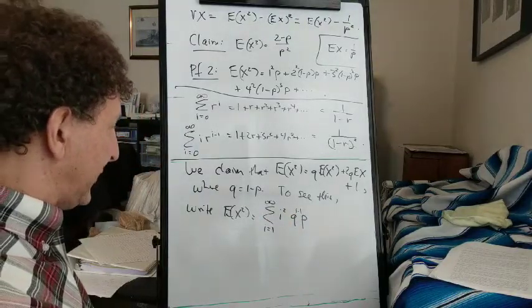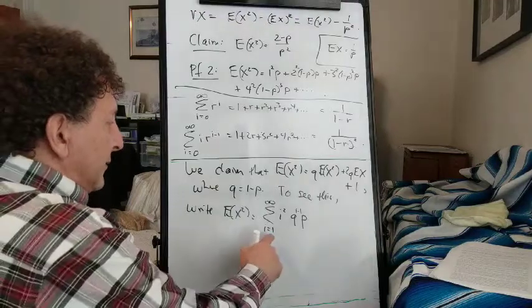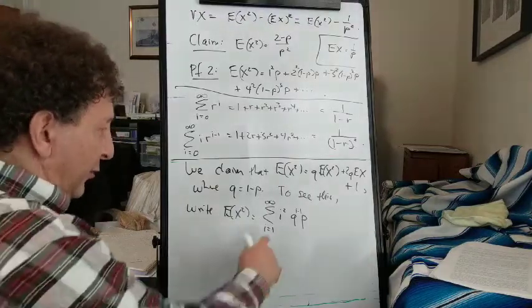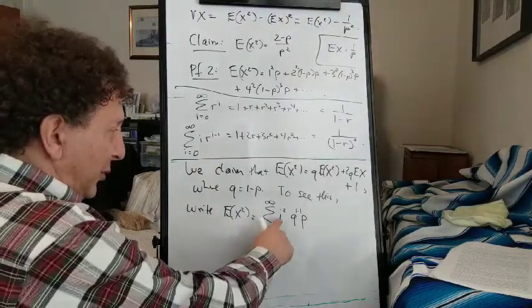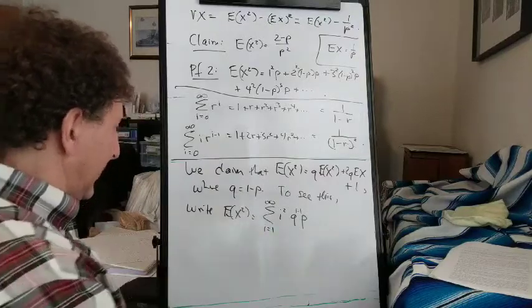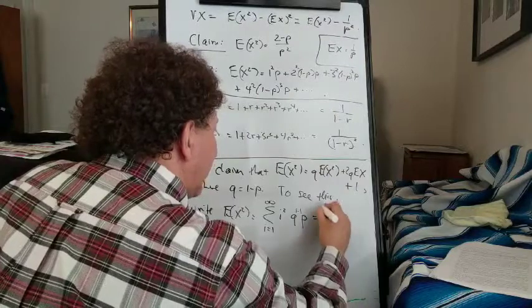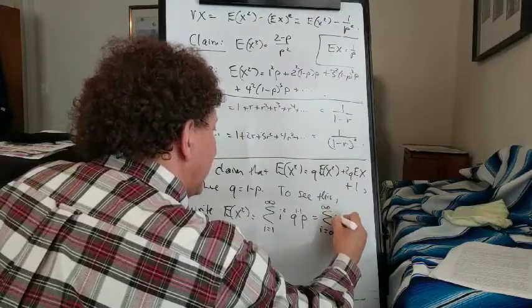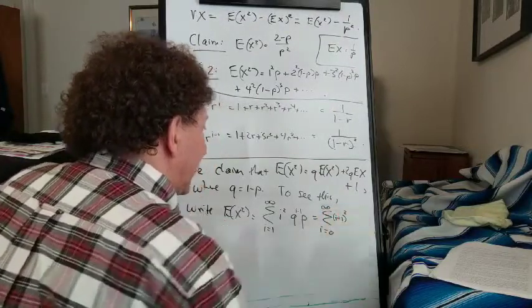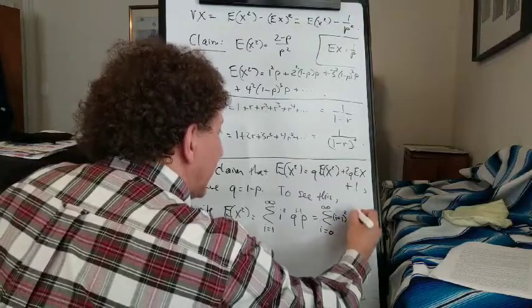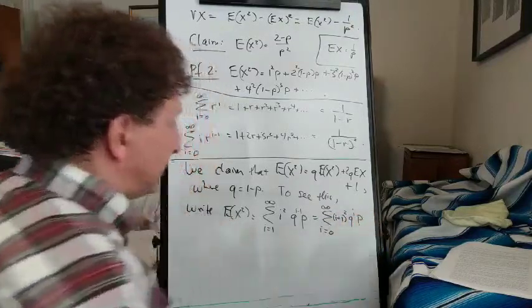Let's do 1 to infinity, and then let's do the changing index trick, where if we reduce this number by 1, then we have to increase all the i's to i plus 1's in the sum. So then we have i plus 1 squared q to the i p.